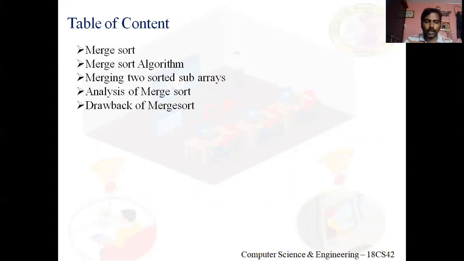I will discuss sorting an array using merge sort through an example. I will take an example of some n numbers, say 8 integers. I'll show you how merge sort is applicable on that array of 8 numbers, means how we'll make use of merge sort to sort that array with 8 elements.